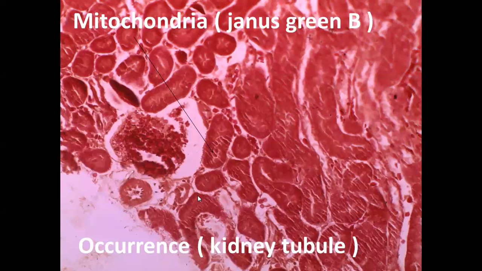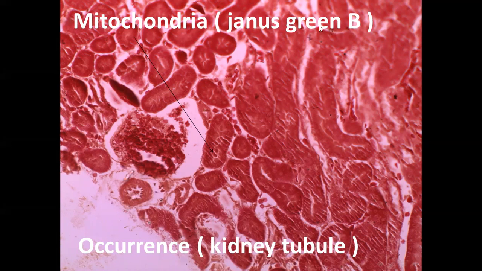If we take another slide, this shows mitochondria, another organelle inside the cell. To demonstrate the mitochondria, we need a special stain, for example, Janus green B. We need what?